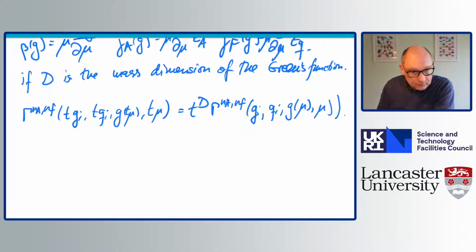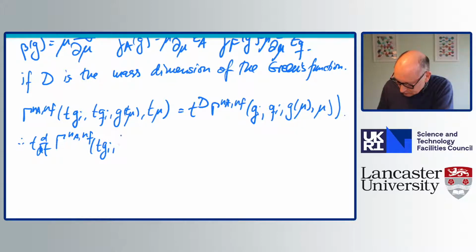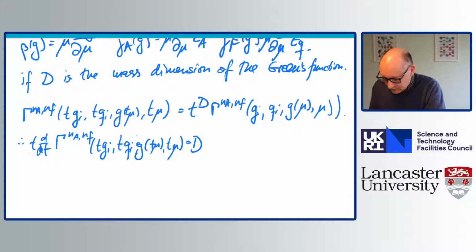Now, this means that the Green's functions satisfy a relation which is that t d/dt, just take the t derivative of Γ N_A N_f of these, is equal to d, take that d down, the t is already here, and then Γ N_A N_f, and then I have back what I had before.